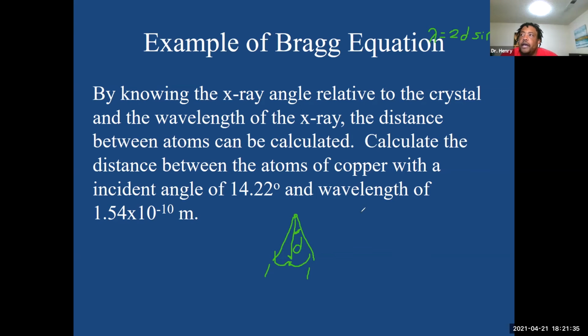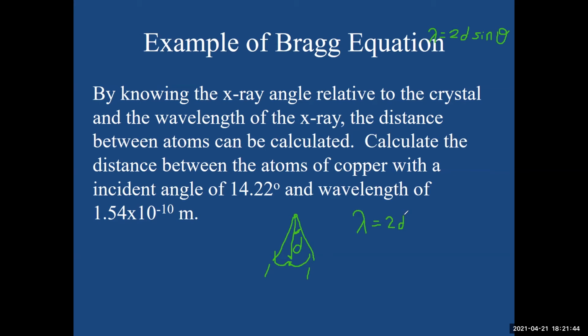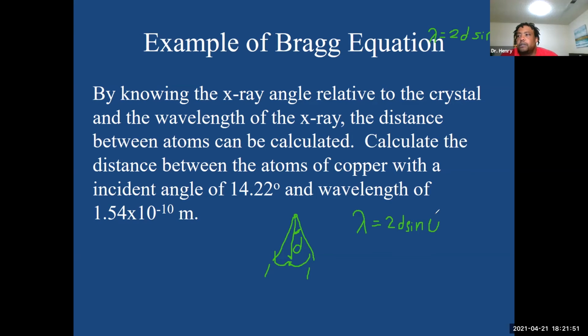So what am I going to do? How am I going to calculate it? I have lambda. Lambda is what? 2d sine theta. Okay, so that's what lambda equals. But what does lambda stand for? It's the wavelength, right? So since it's the wavelength, then I can solve for D because that's what I want. I want the distance. So then D is going to equal lambda over 2 sine theta.